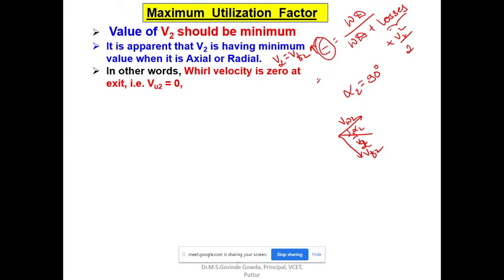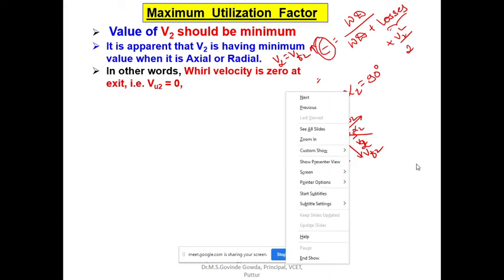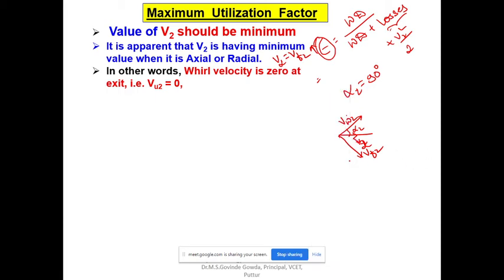I am resolving this V2 into horizontal and vertical components as V2 cos alpha 2 and V2 sin alpha 2. Yes or no, guys? Can I do this or no? Who is this, nonsense? Why can I not do it? Tell me why I cannot do it.